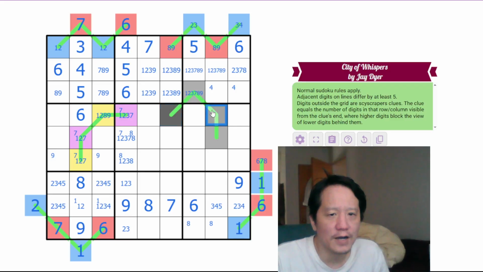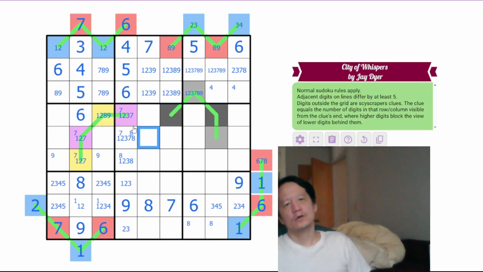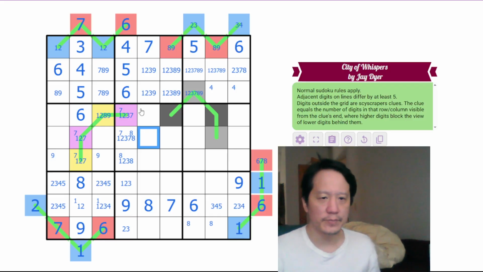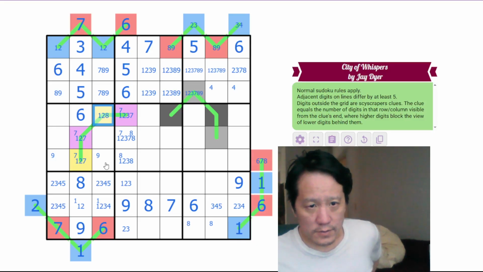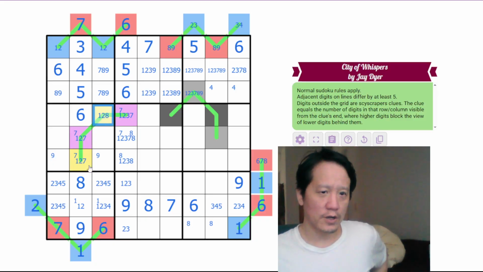If these are high, that's interesting. Then we have all the highs accounted for in row 4. Oh, 9 cannot be here. If this were high.